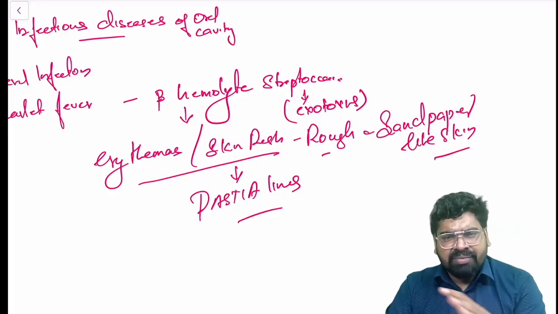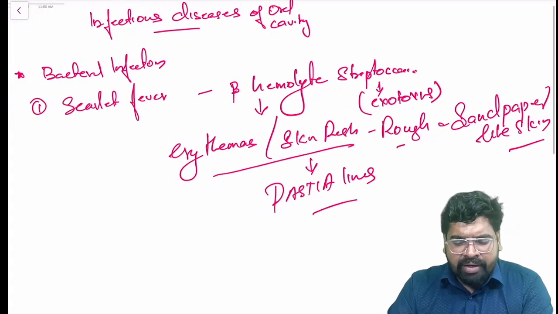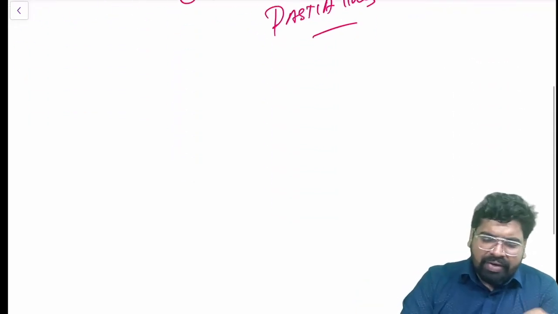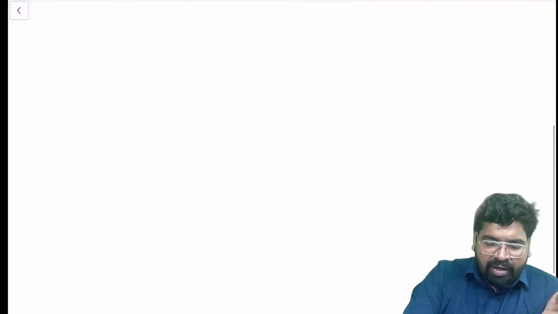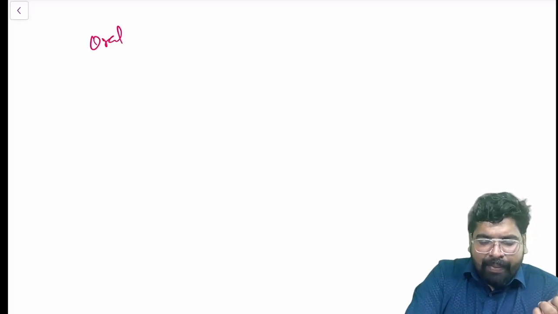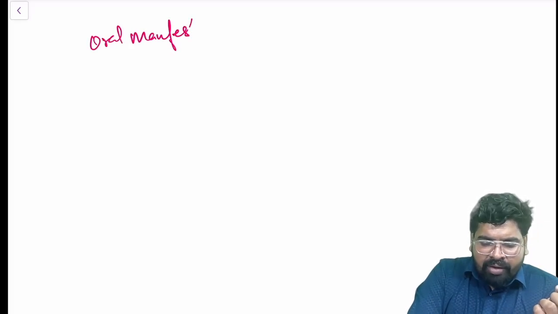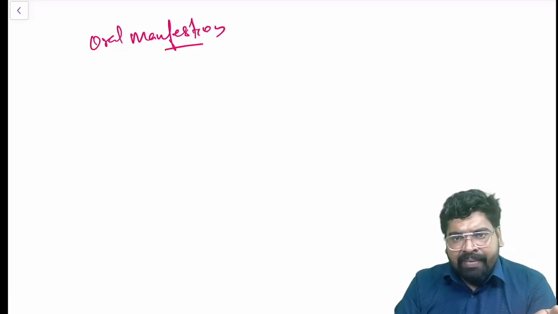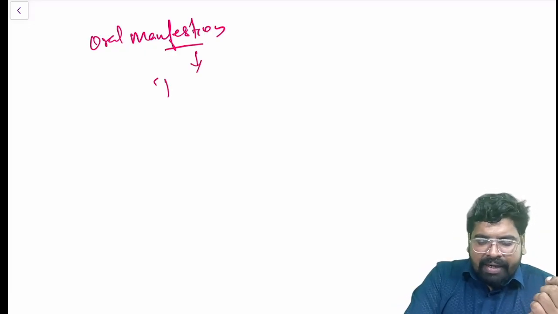So this is about scarlet fever. But in the oral cavity you can see a manifestation, and that is a little important. The oral manifestation of scarlet fever is mainly in the tongue.